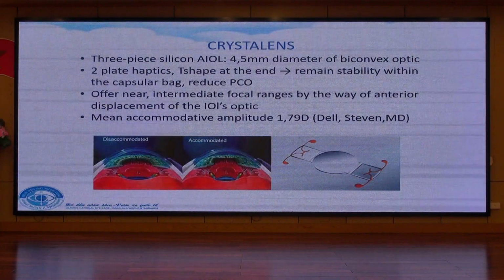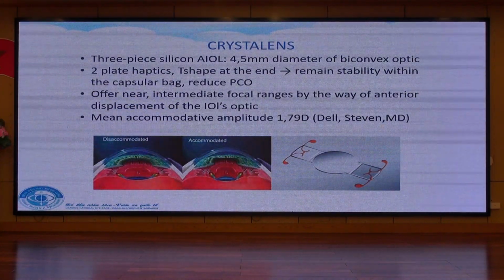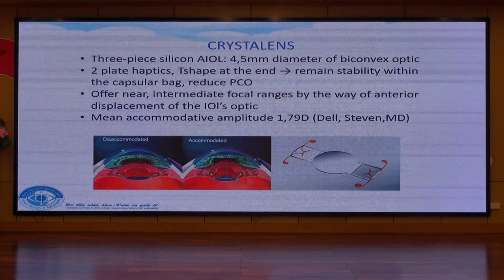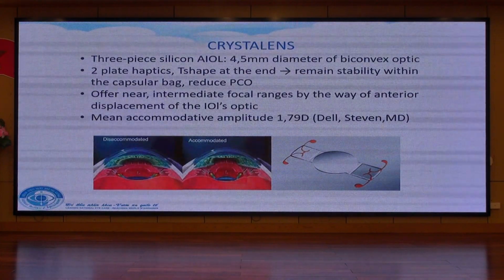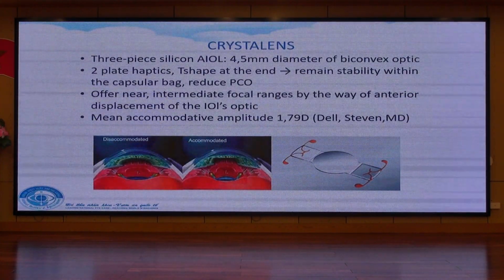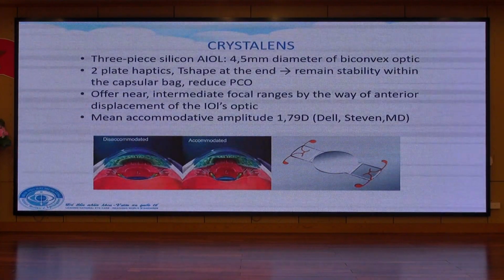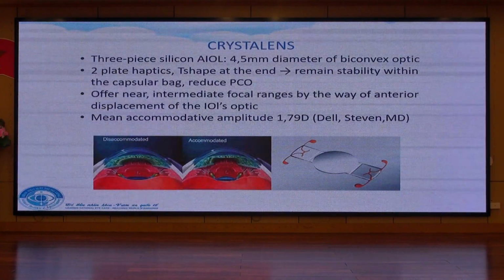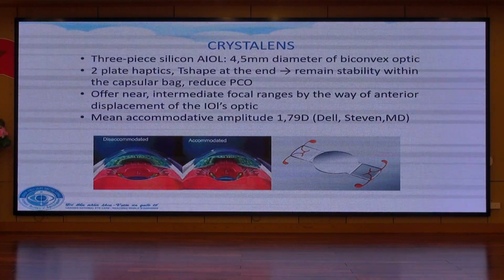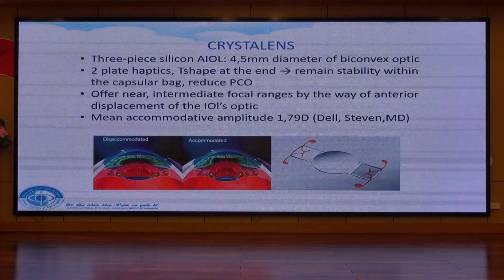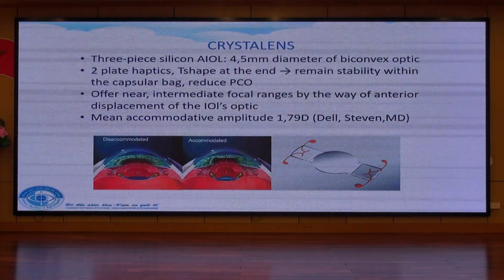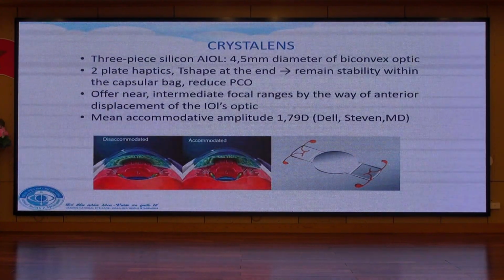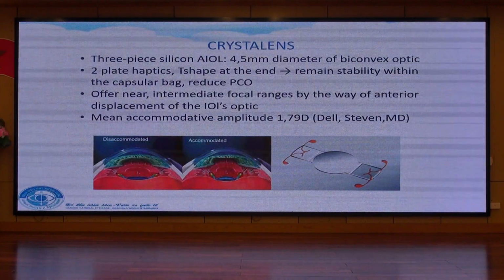And the other single optic AIOL is the CRYSTALENS. This is a three-piece silicone AIOL with a 4.5 millimeter diameter convex optic. It is designed with haptics that are T-shaped at the end, which can remain stable within the capsular bag and reduce posterior capsular opacification.